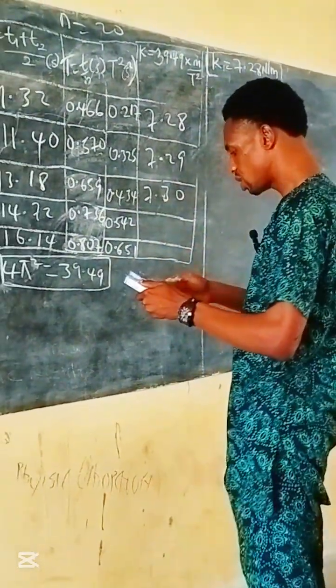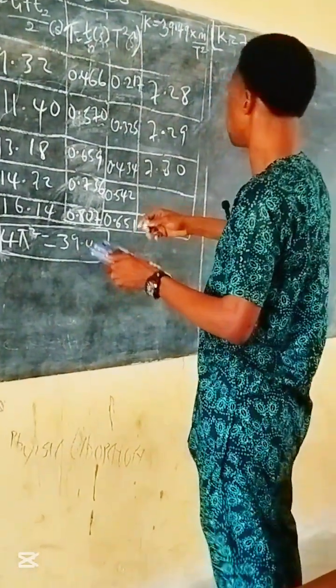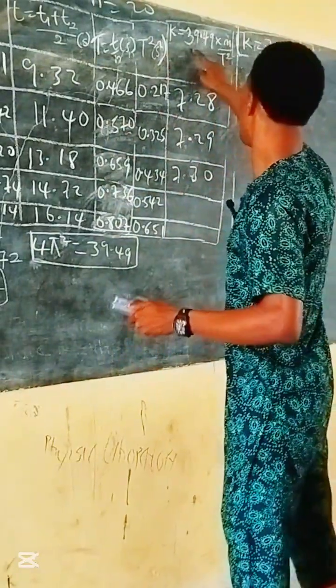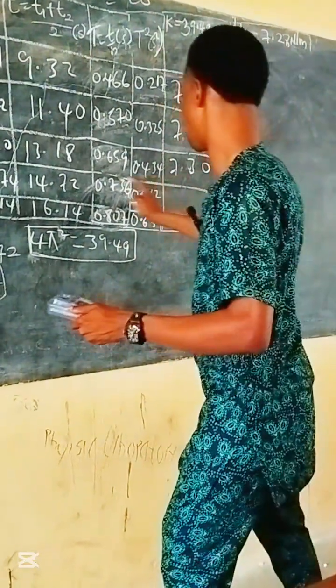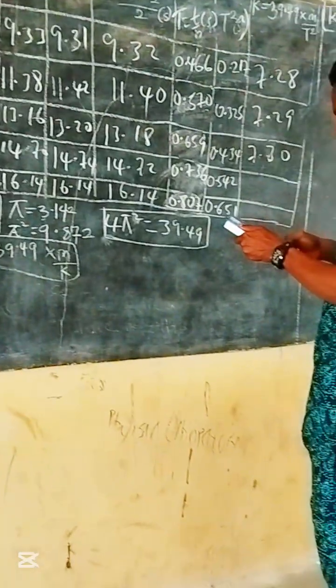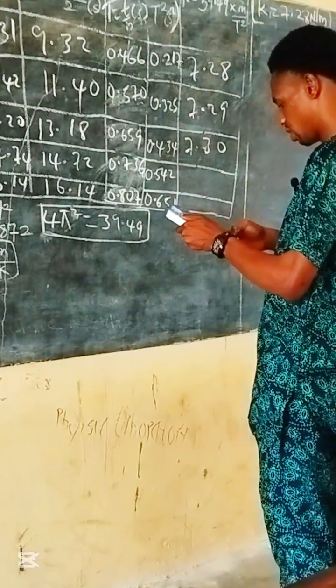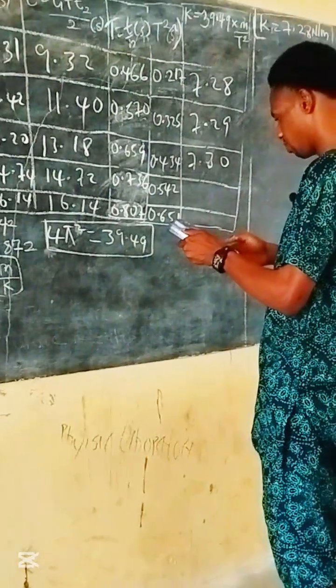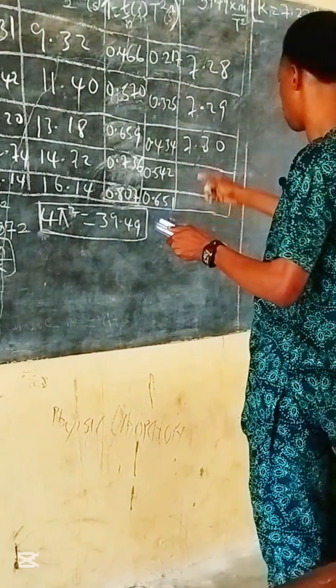Now I'll pick the other one also. This value 39.49 times my mass. What is my mass now? 0.1. So 39.49 times 0.1, divided by my T square. What is my T square here?